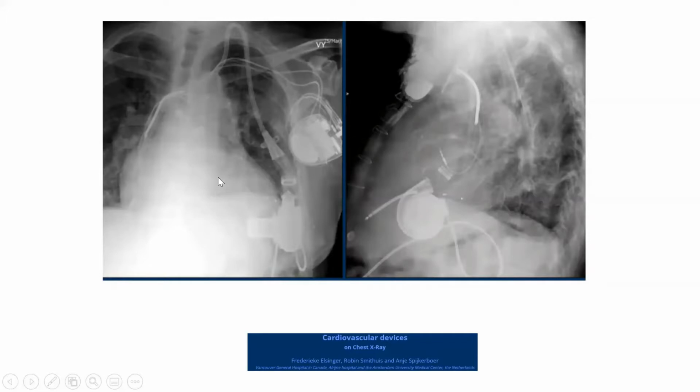So it sucks blood from the LV and forces it into the aorta to bypass the left ventricle, to relax and rest the left ventricle, and to bridge the heart for destination therapy or whatever, okay? So it acts like an assist device because the LV is too weak to pump the blood. So the blood is sucked into a pump and the pump pushes the blood into the aorta. This is LVAD. But what is this?